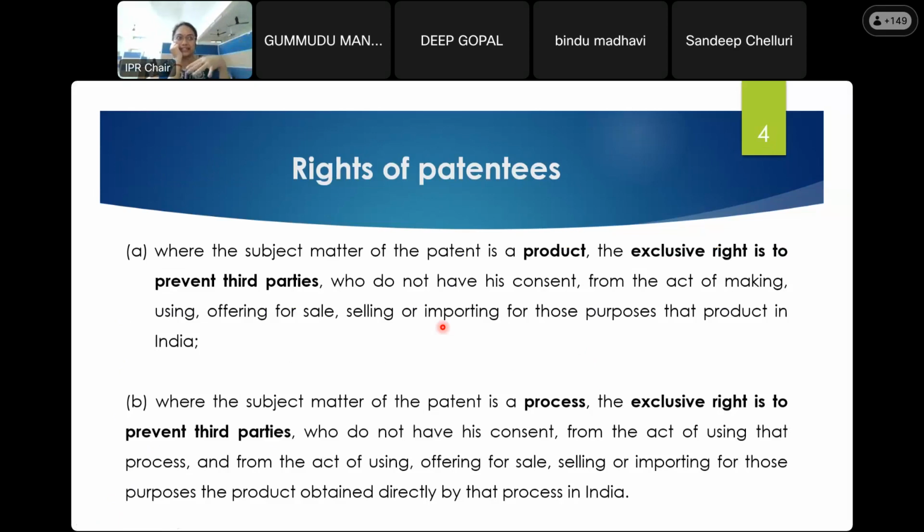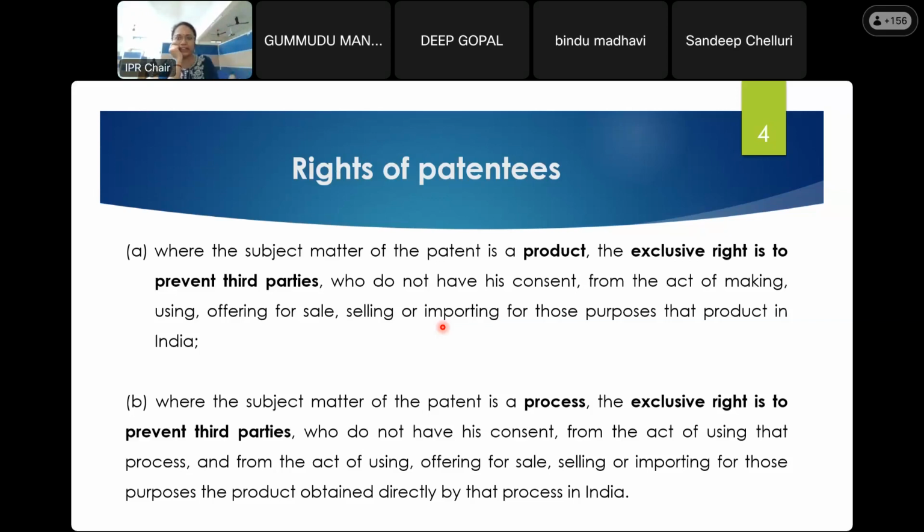Nobody can just come and start claiming that it is their house, because that is your house. That is a tangible property. But intellectual property is an intangible property. You cannot touch or feel it. I guess sir was discussing this in the last classes, if you remember. But you still get some right when you have the patent.